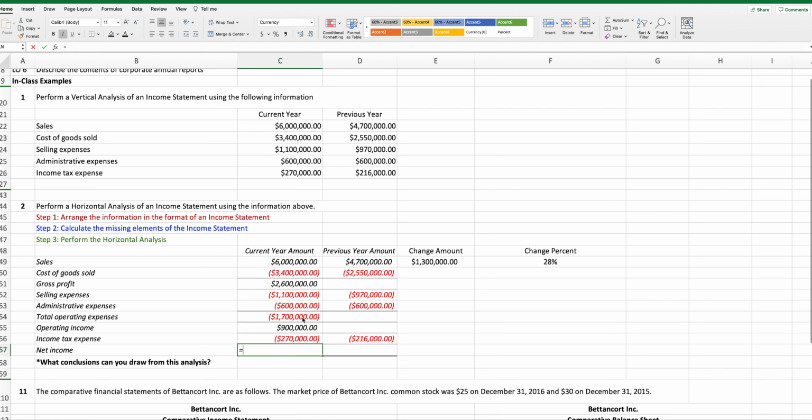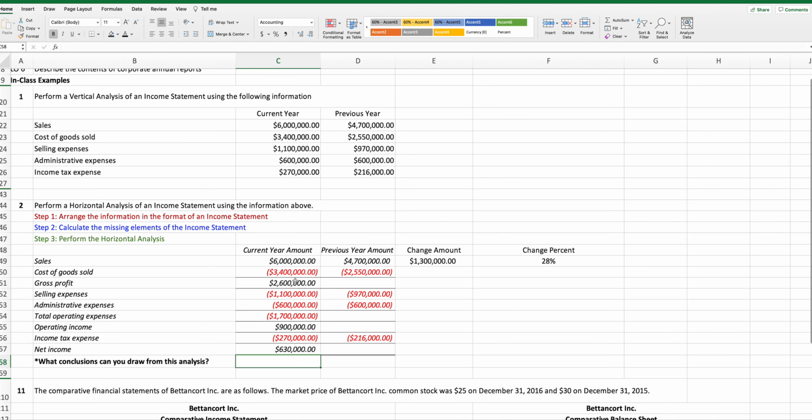And then our last step is just to sum our operating income expenses, our operating income, and our income tax expense. All right. We'll do the same thing that we did over here. It's just a copy paste. Copy paste and another copy paste.